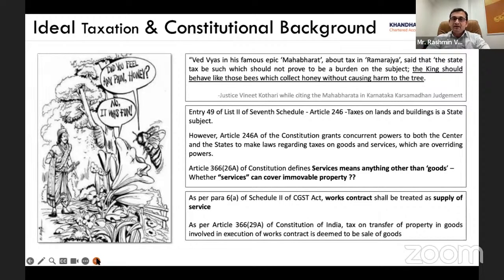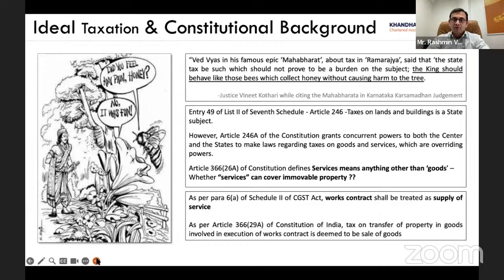Now, what happened during that amendment was that Article 366(26A) of the Constitution refers to the definition of service. A brief definition says that service means anything other than goods. This is very important, because when we say anything other than goods, everything under the sky is covered under the definition of service.